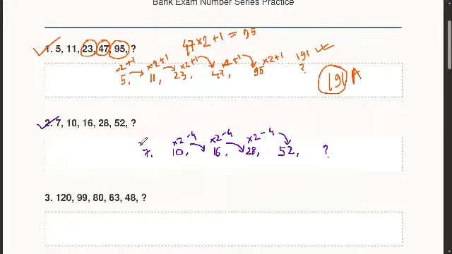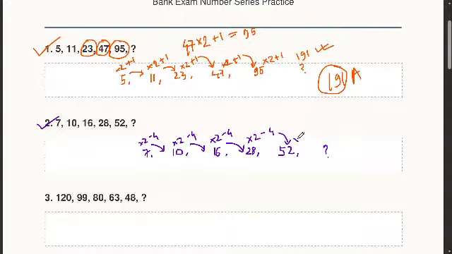Okay. This is the rule. So we got the rule. So if we multiply by 2 and subtract 4, then we will get this: 7 times 2, that is 14, minus 4, that is 10. Okay. So what will be the next one?